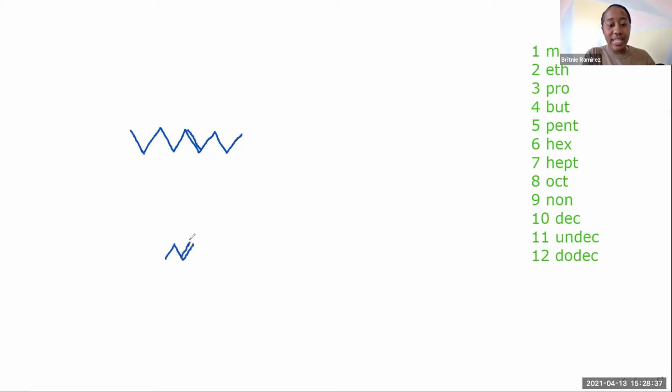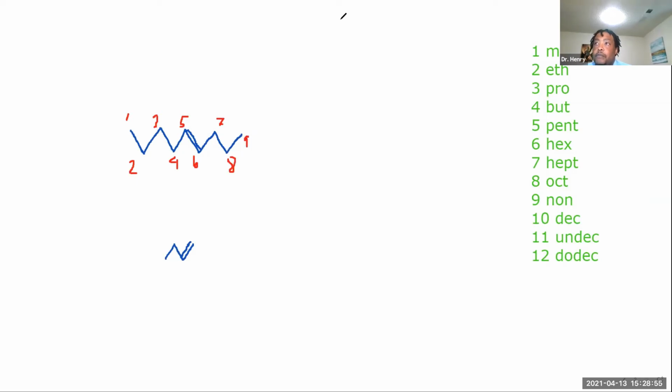Yeah, nonene. Okay. So you did your counting. You said 1, 2, 3, 4, 5, 6, 7, 8, 9. Would that be the right way of counting? No, the double bond is closer to the other end, so the purple writing is better.